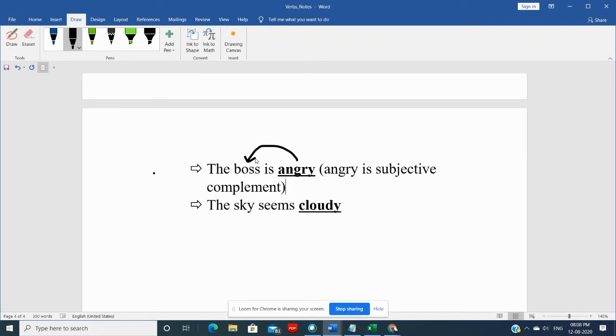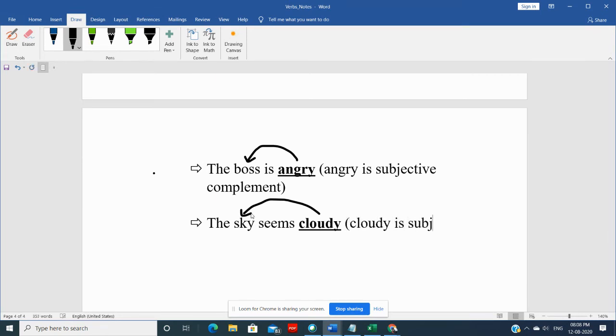So here you can say that this cloudy, which is a complement, is telling us something about sky, and sky is the subject of the sentence. So this word cloudy is a subjective complement. Right? Let's look at some more sentences.